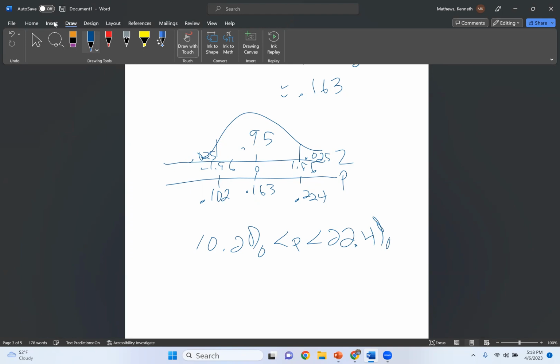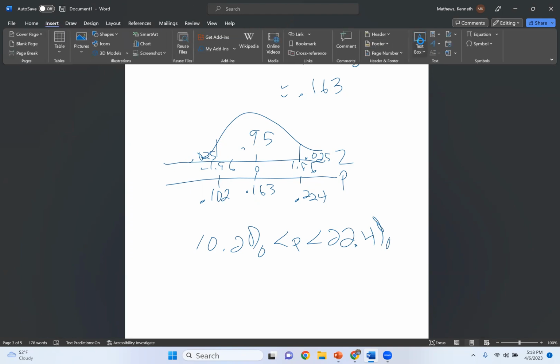So how do we interpret that? We'll interpret it with the text box.